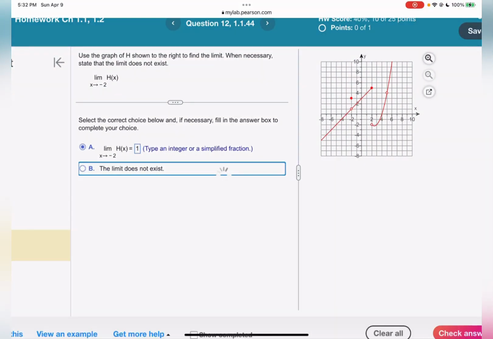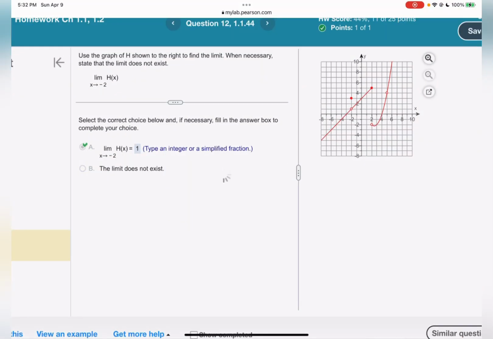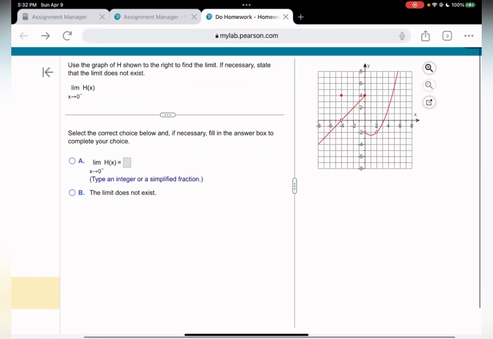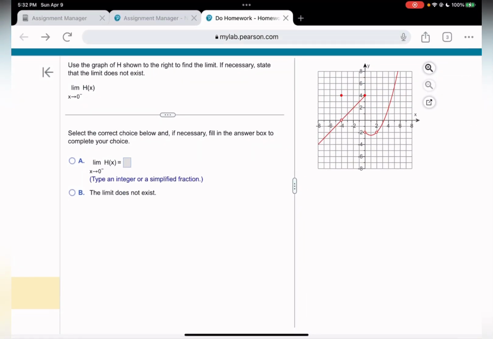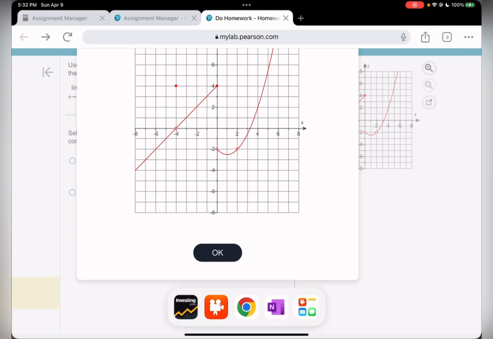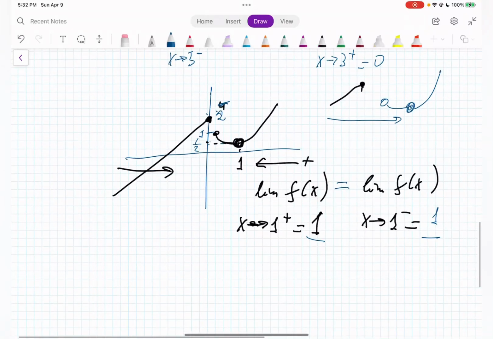And let's check. Question number 13. Now this is interesting, approaching 0 from the negative side. So the point of 0 is right in the center, right? When we look for approaching 0 from the negative side, here is 0.